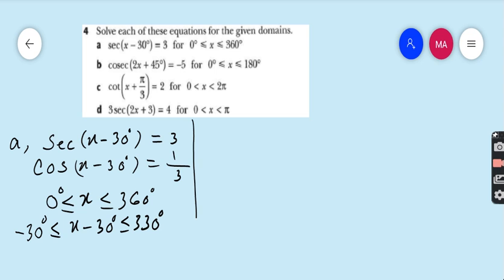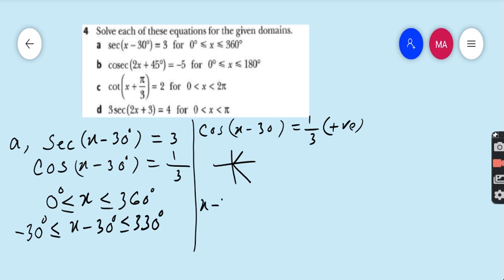Write our equation again. Cos (x minus 30) is equal to 1 upon 3. The value is positive and cos is positive in the first and fourth quadrant. So find the value: x minus 30 is equal to cos inverse 1 upon 3.